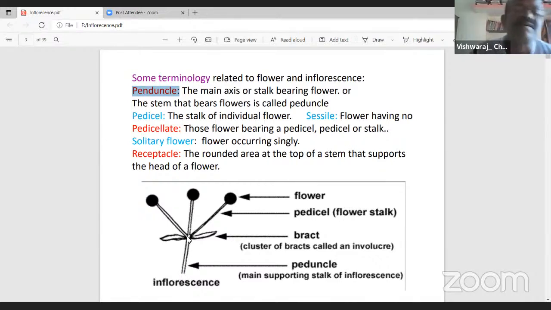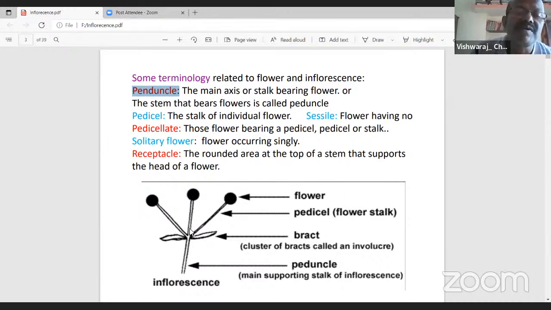And on this peduncle, this is a stalk of an individual flower. Suppose this is a flower, this is a flower, this is a flower. From this peduncle point to the flower, that is a pedicel. Some flowers do not have pedicels, they are not stalked.